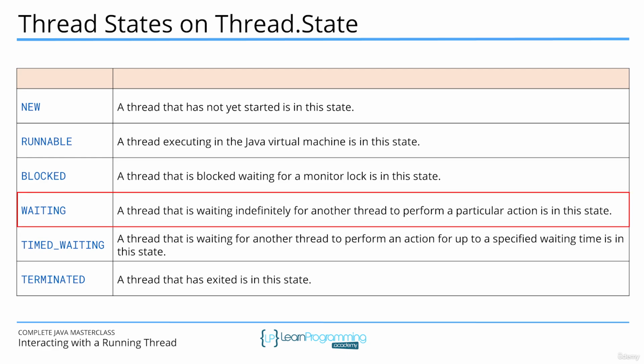A thread could be waiting on another thread, which can occur if you join this thread to another. You could be waiting on some timed event, in which case you'll see timed waiting, for example, for a Thread.sleep to end or some other timeout condition. Finally, a thread is terminated when it successfully completes or is interrupted or its run execution is stopped by some other means.